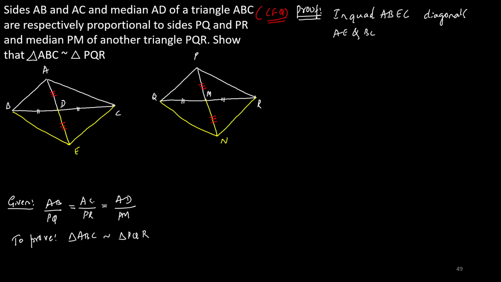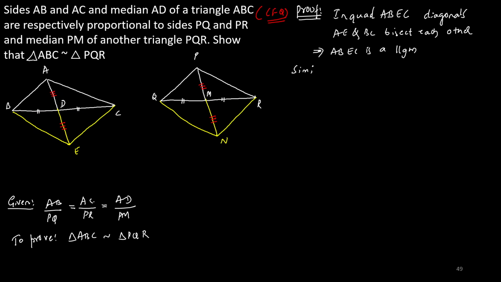So diagonals AE and BC bisect each other, because AD equals DE and BD equals DC. Whenever a quadrilateral has diagonals bisecting each other, it is a parallelogram. Therefore ABEC is a parallelogram.